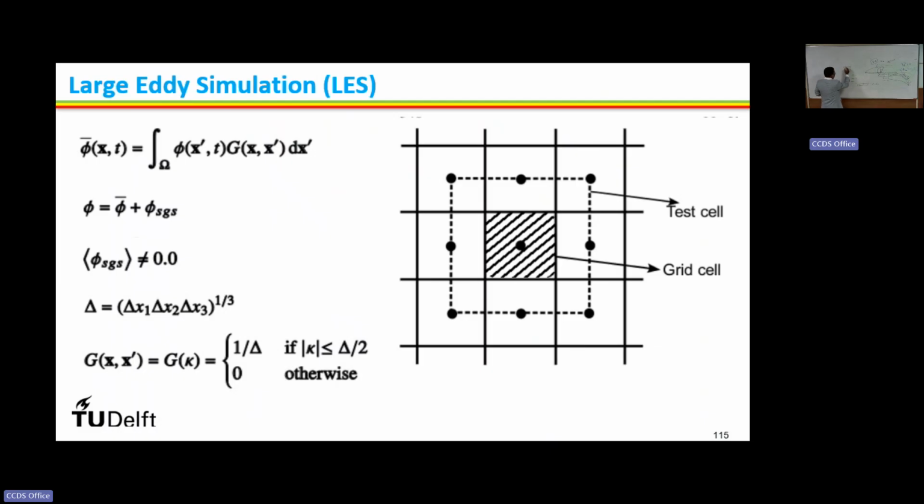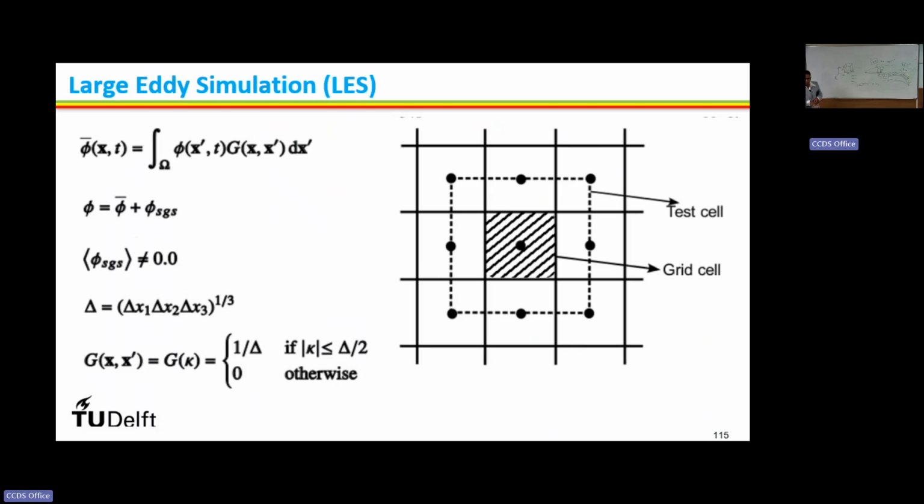Suppose this is my computational cell. This is x1, this is x2, this is x3, right? Then this is my delta x3, this is my delta x1, this is my delta x2, right?